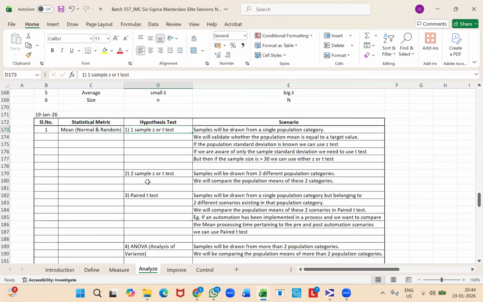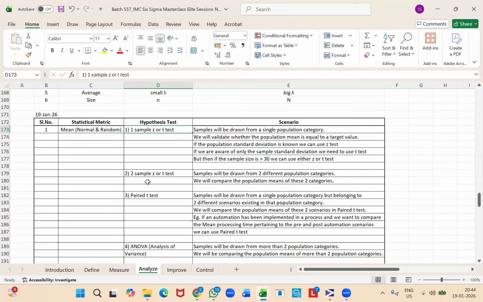And then we have two tests for one sample mean test, Z test and T test. So when to apply Z test? When the population standard deviation is known, then we will apply Z test. In the majority of circumstances, you will not be aware of the population metric. You will be aware of only the sample metric, the sample standard deviation.